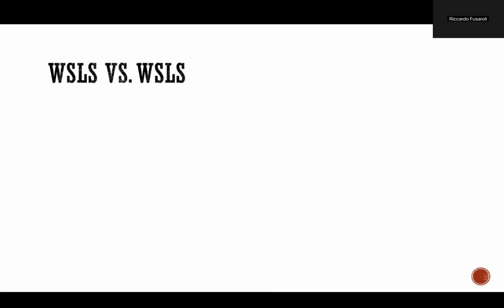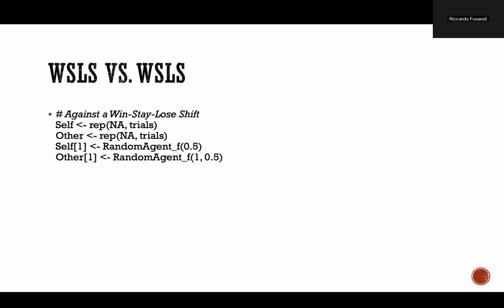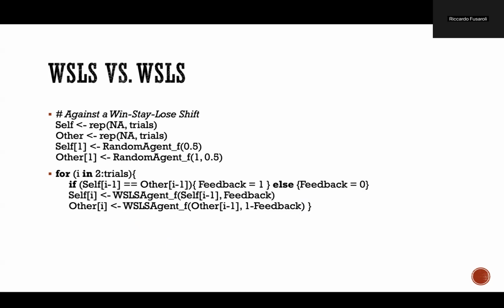We can make it play against itself or against another version of itself. Here, the code is slightly more complex, but that's why we're building it one step at a time. We have a vector for self, a vector for other. We initialize both of them at random. And then from the second trial, if previous self is equal to previous other, then the feedback is 1. Otherwise, it's 0. The self is exactly like before.